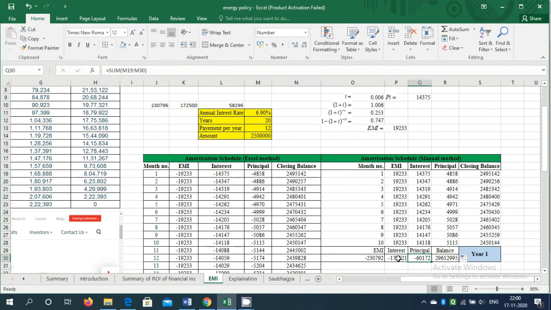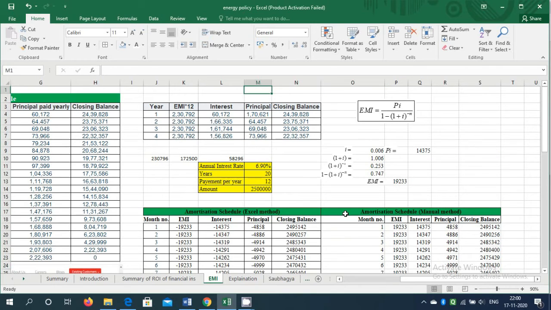So principal is 60,172. Yes, this is a mistake that I have made. So this is principal, and this is the interest paid.